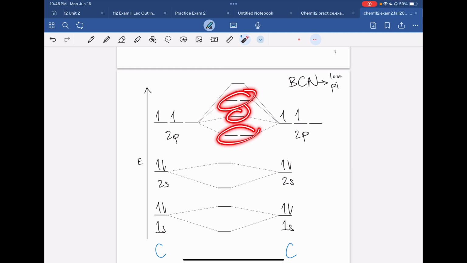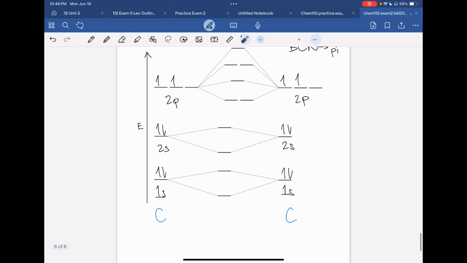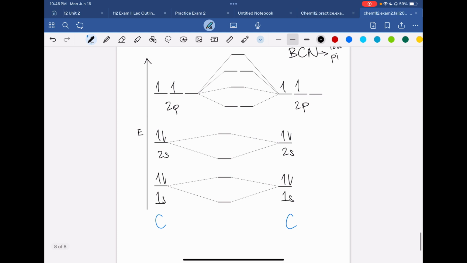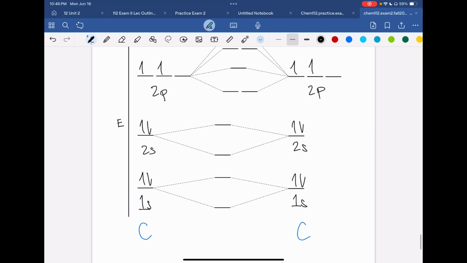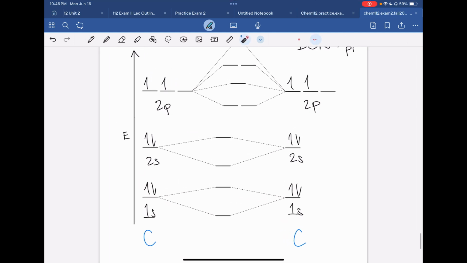Pi, sigma, or sigma, pi, sigma. Remember these two don't change. So what did I say? 12 electrons. 2, 4, 6, 8, 10, 12.